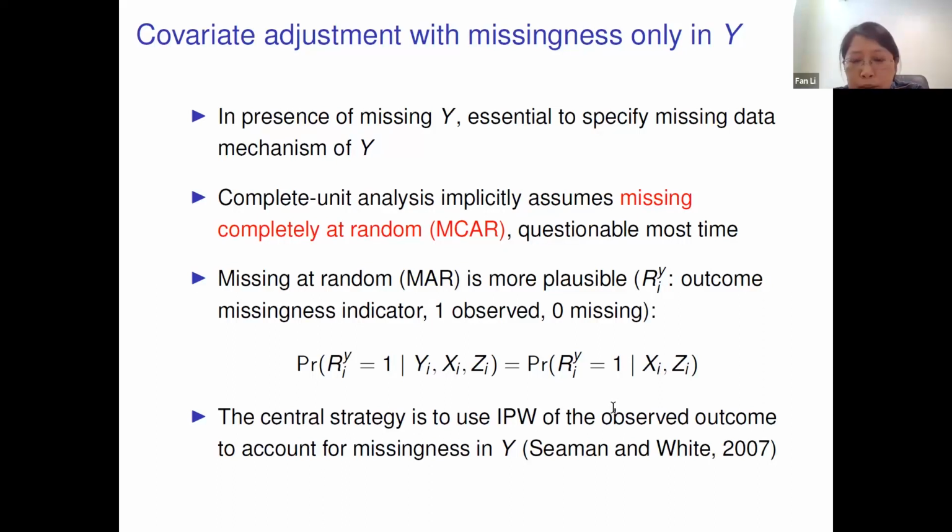Again, this very famous paper by Seaman and White basically shows that you can just calculate the probability of missingness for each observed unit, and then you just use IPW to reweight your analysis, and then you can get the unbiased estimator for the treatment effect in the target population.